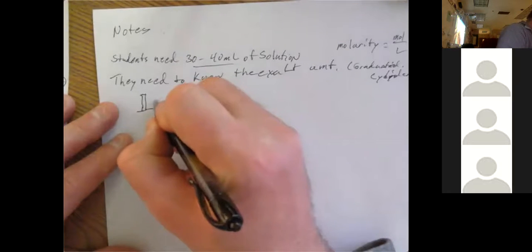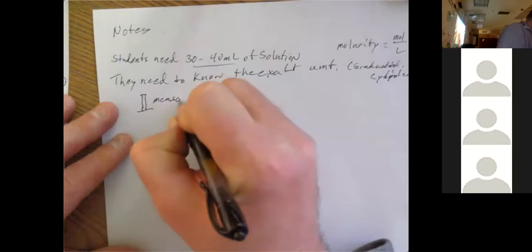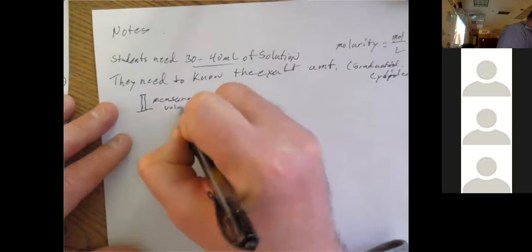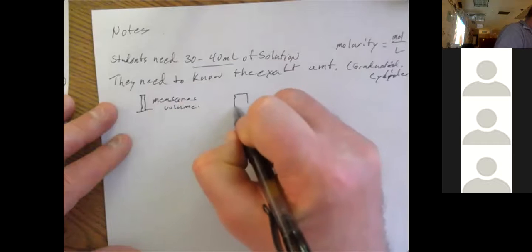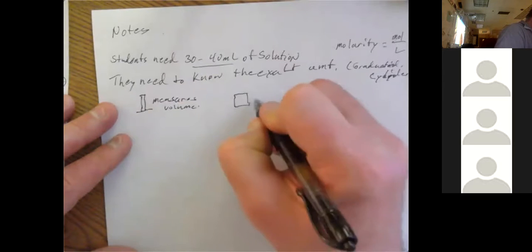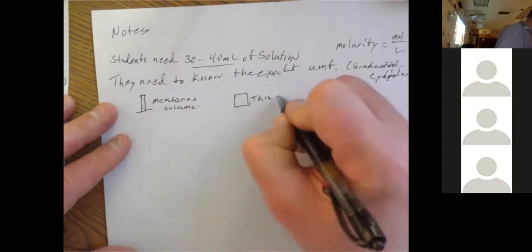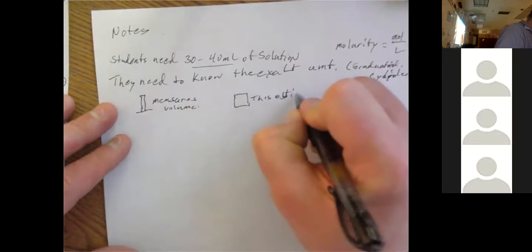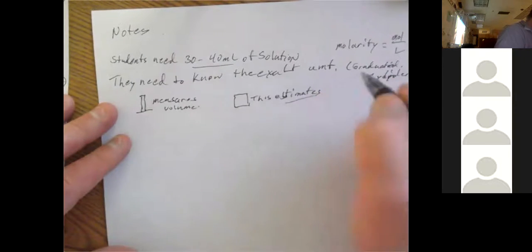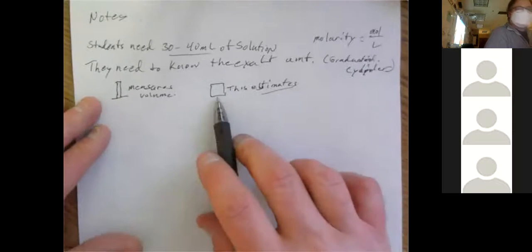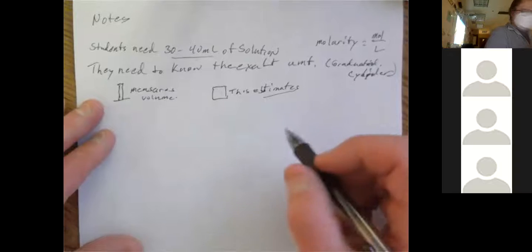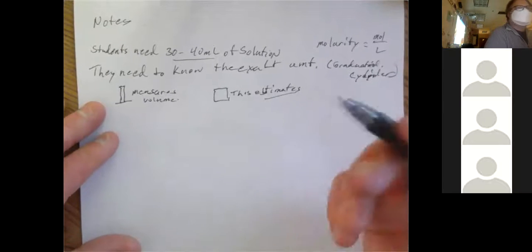This measures volume. A beaker is this guy. This does not measure volume. This estimates volume, but that's not a measurement. We're dealing with significant digits here. If you have a beaker as your volume measurement, that's going to cost you a lot of that accuracy.